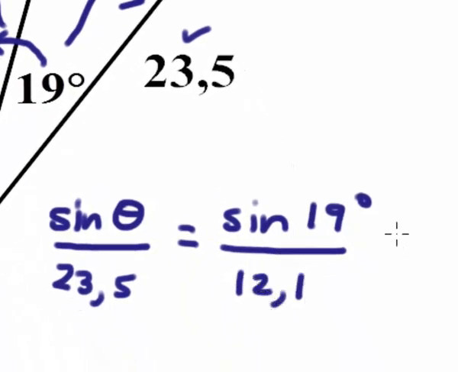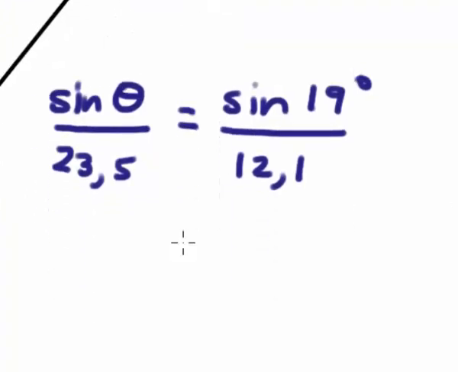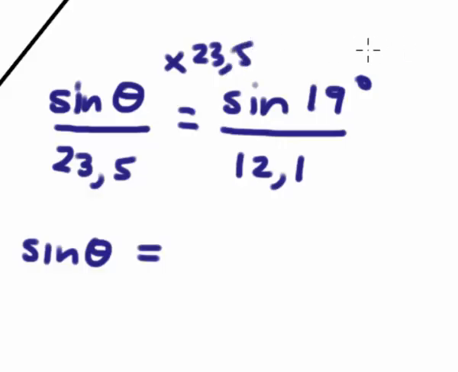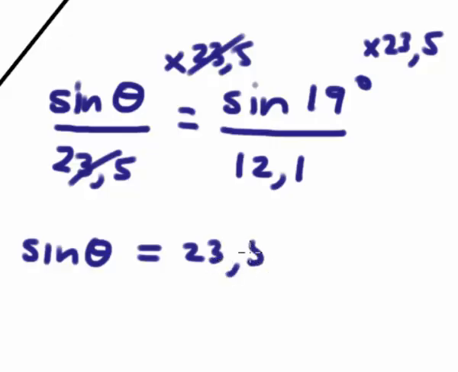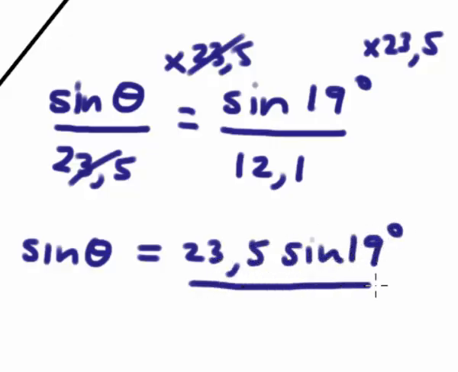Okay. Alright, now let's have a look here. If we then multiply both sides by 23,5, then sine theta would be, okay, now watch this. If you multiply by 23,5 and you multiply by 23,5, those cancel. And we've got sine theta is basically 23,5 times the sine of 19 degrees divided by 12,1.